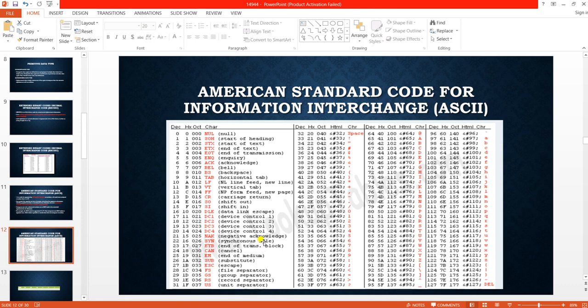For instance, capital letter A. We've got decimal, hexadecimal, octal, HTML, and character. Let's look at the character and also the decimal. For uppercase A, the decimal number is 65. To convert that into binary, we have to use the formula on slide 13.